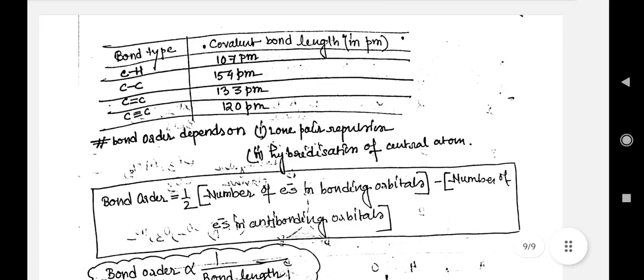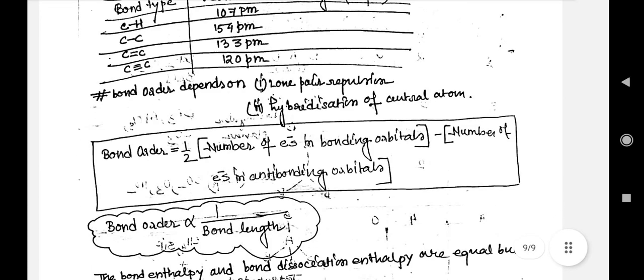Okay, there is some written mistake. Then bond order is proportional to bond strength and inversely proportional to bond length.